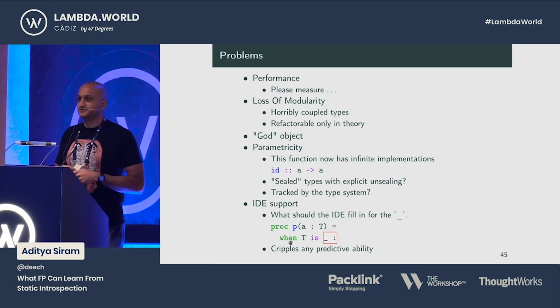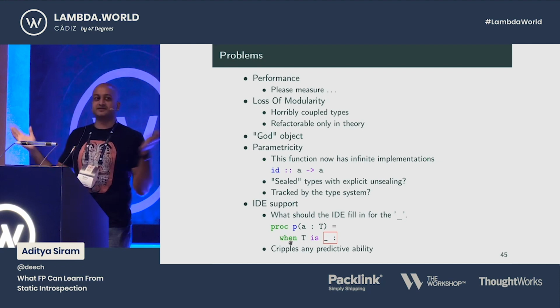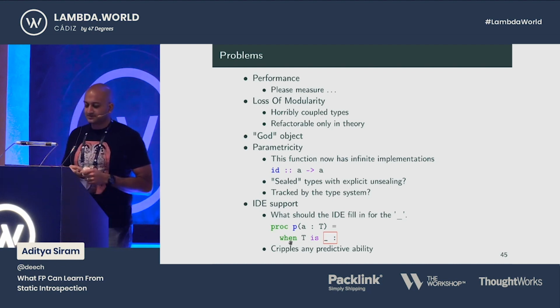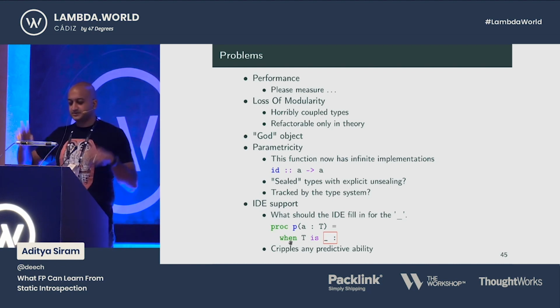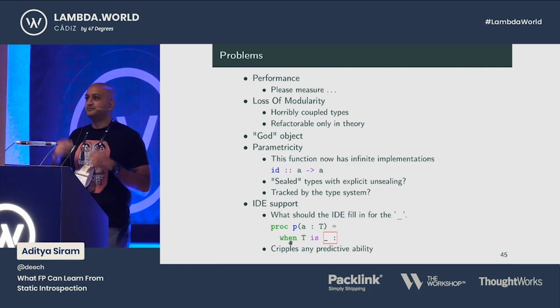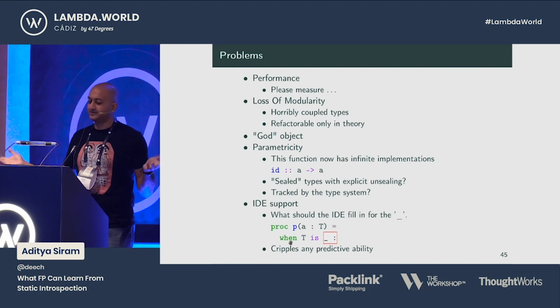But with static introspection, now it has infinite implementations, because you can do anything with that a. You can reflect on it, do whatever you want. If it's a number, you can add one to it. So maybe the answer is you have to seal your types with some explicit unsealing. Maybe. And maybe that should be tracked by the type system. I don't know the answer to that.